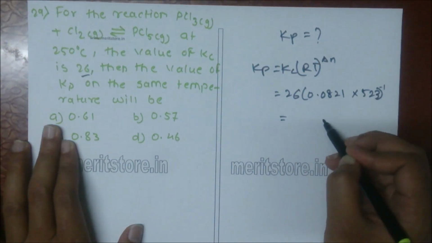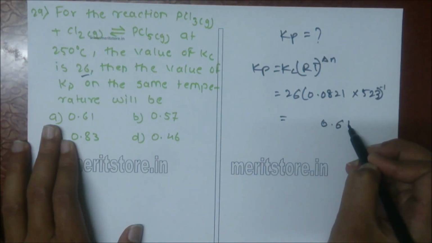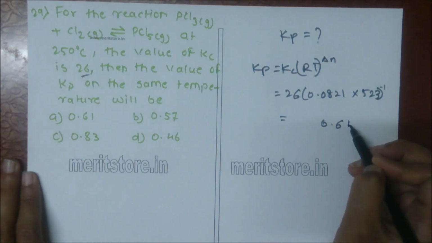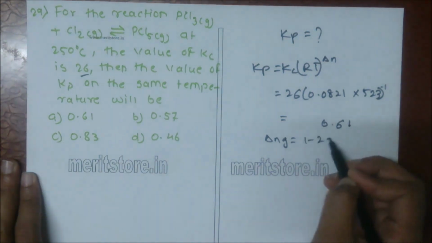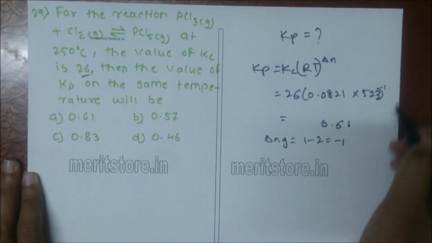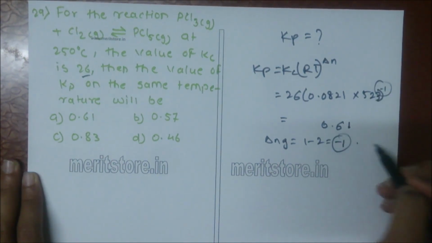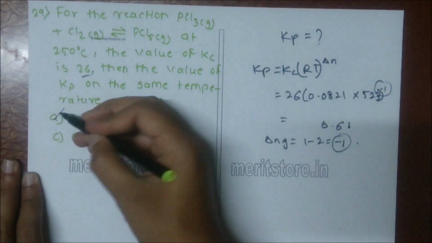On solving this, we get 0.61 as the answer. As the change in number of moles delta Ng is equal to 1 minus 2 equal to minus 1. So option A is the correct answer.